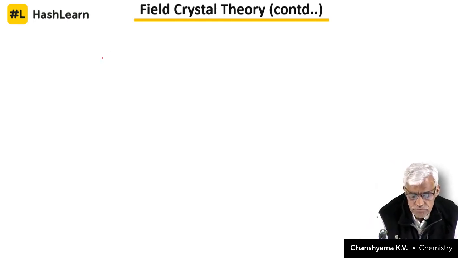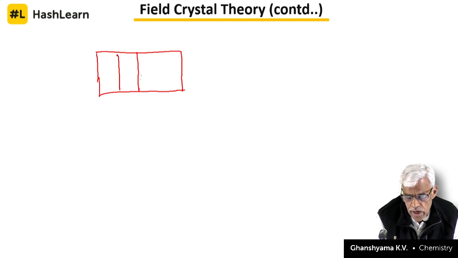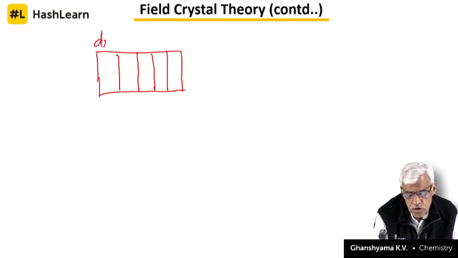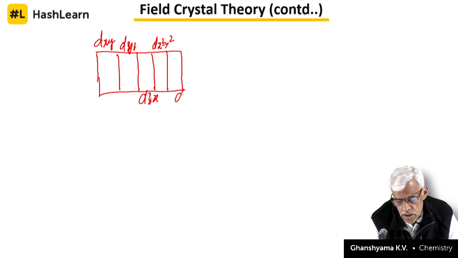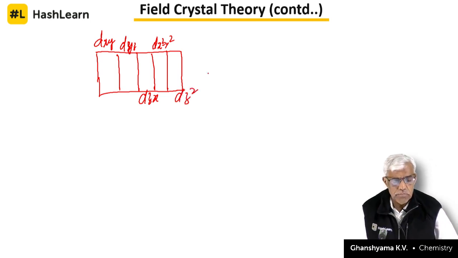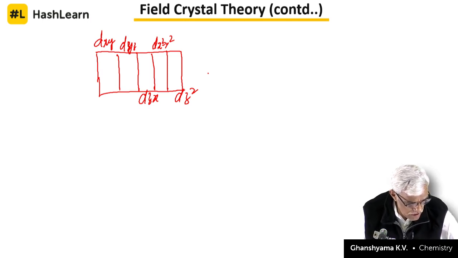You know that in the d subshell, we have 5 orbitals which are called dxy, dyz, dzx, dx square minus y square and dz square. All these are of the same energy.